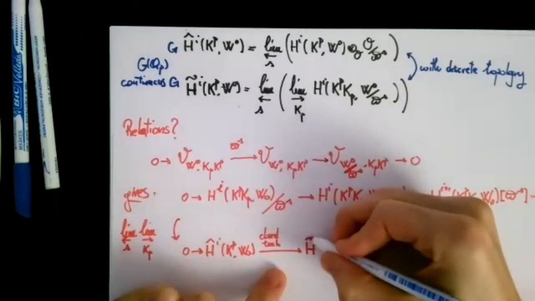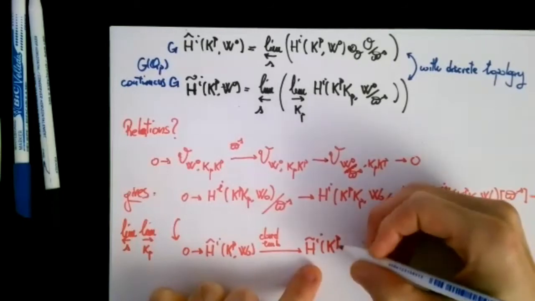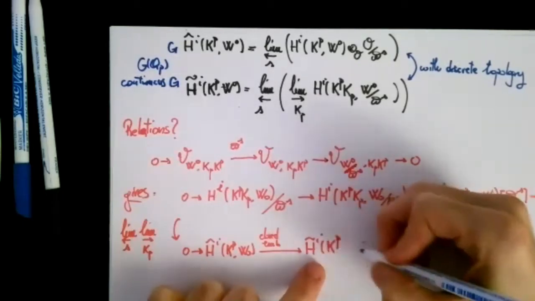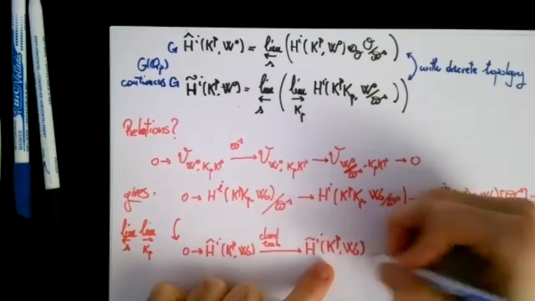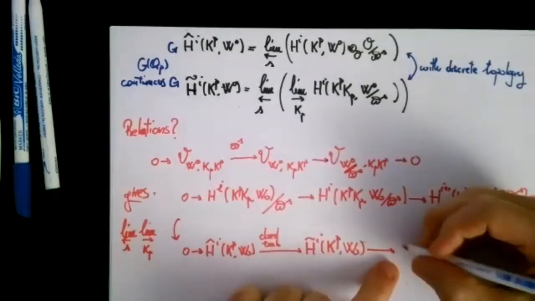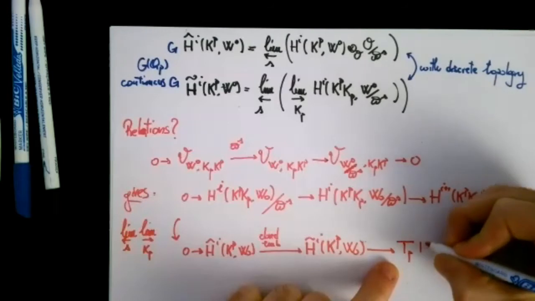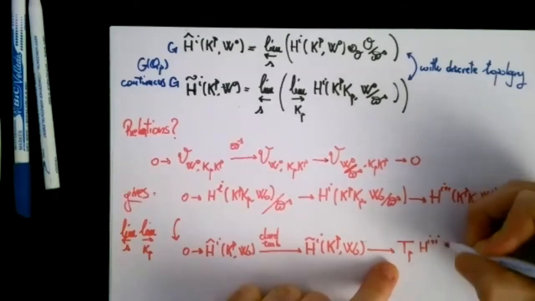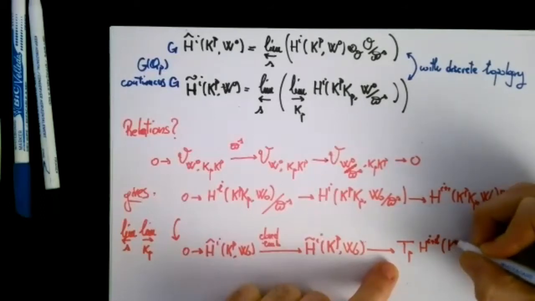Here we have H twiddle, and here I have the other completed cohomology. And here I get a Tate module of the usual cohomology in degree I plus 1.